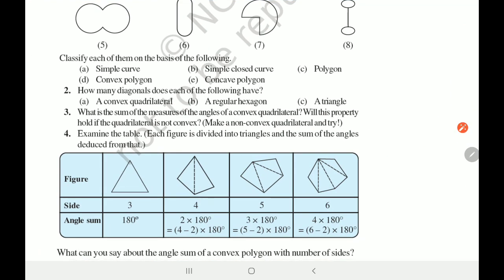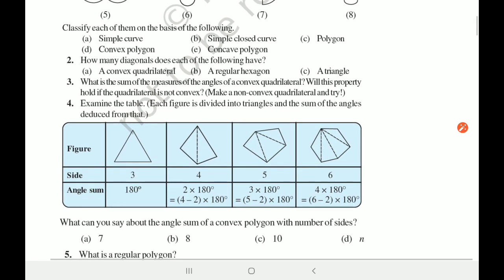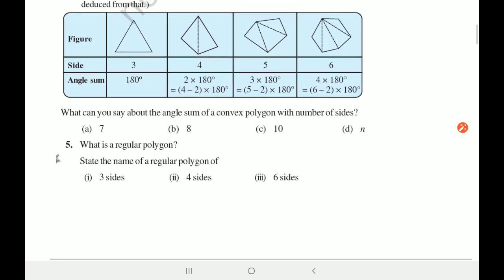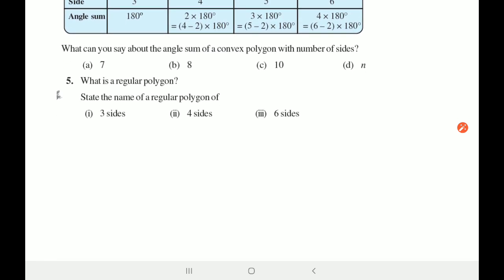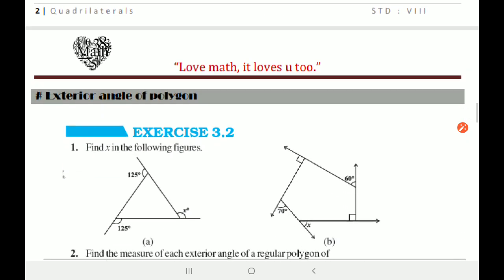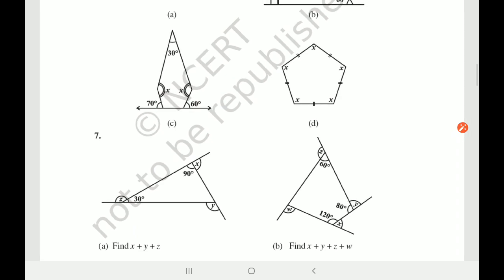Now what I am expecting from you, you have to complete question number 2, 3, question number 4, question number 5, and question number 6. That's it. Your exercise is done. So I want you to complete your exercise today.